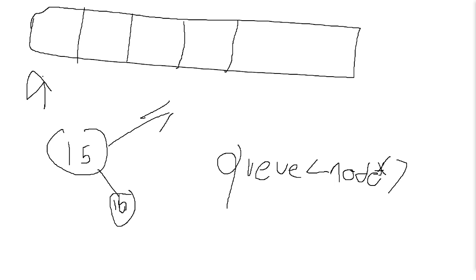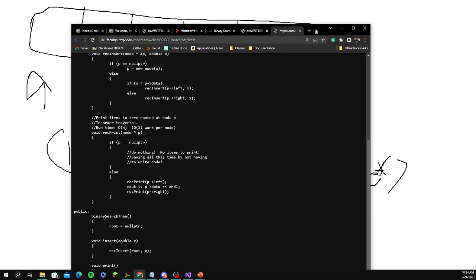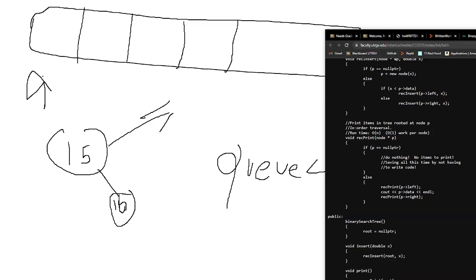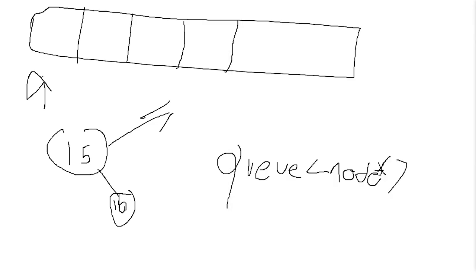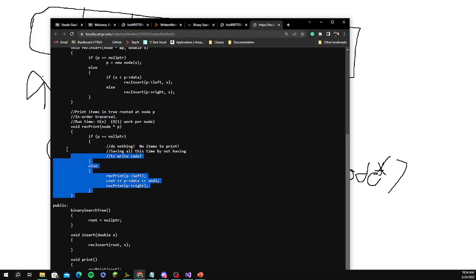Yeah, you can do this recursively. If you want to do it recursively, you just follow Dr. Shoulder's example. Right here, he has some printed code recursively, and you just have to make sure how you're messing with the information.